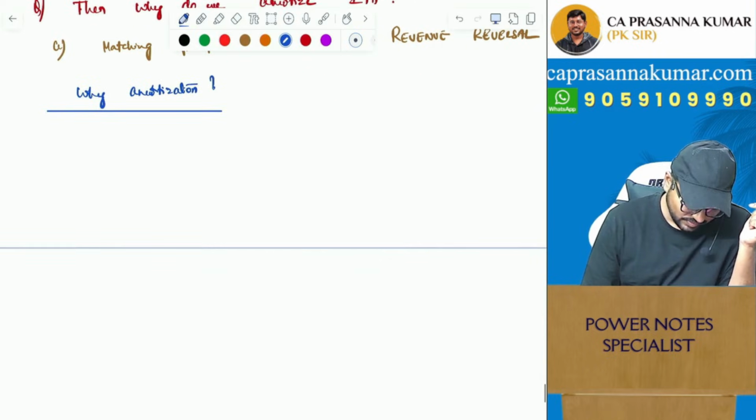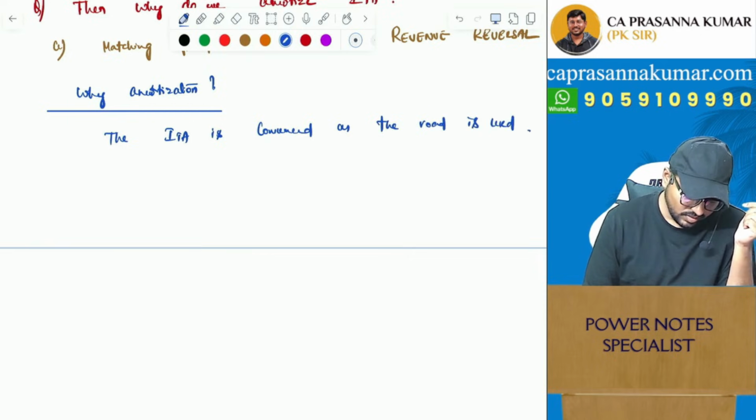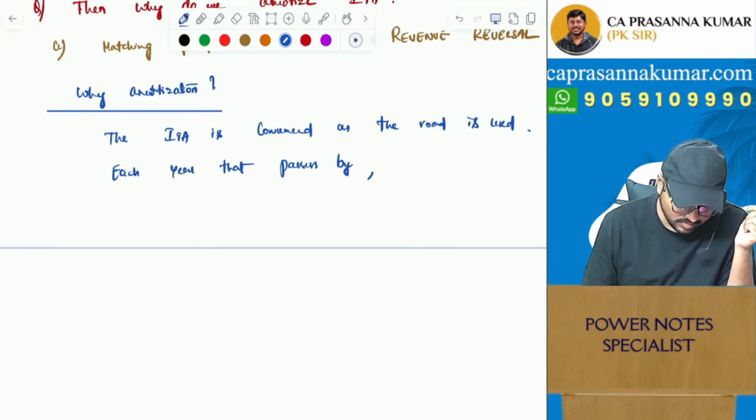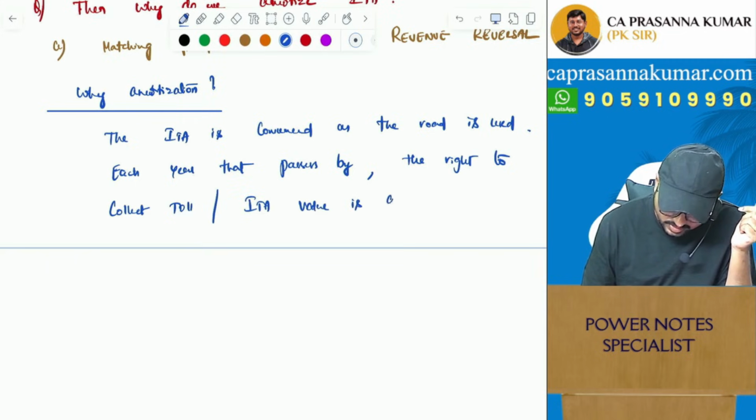Get it? The intangible asset is consumed as the road is used. Simple. So each year that passes by, what happens? The right to collect toll, or the intangible asset value, is getting reduced.